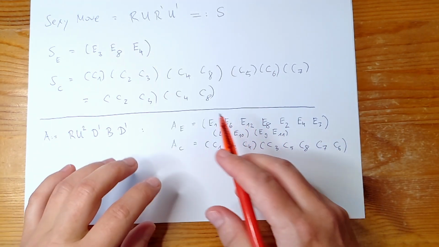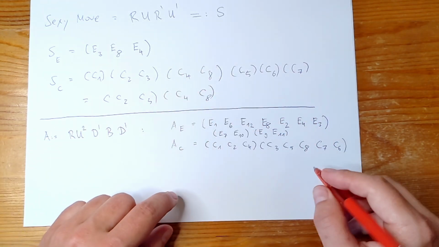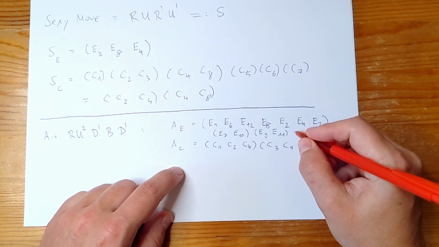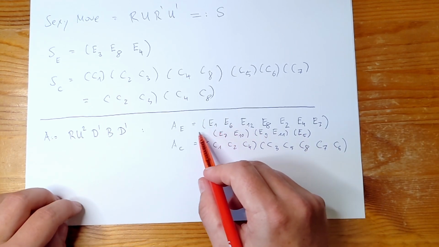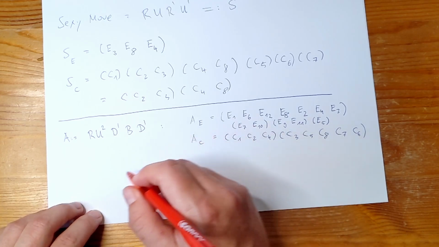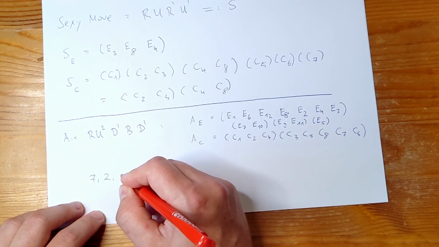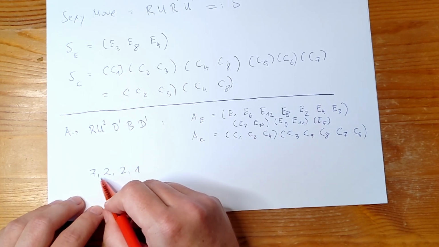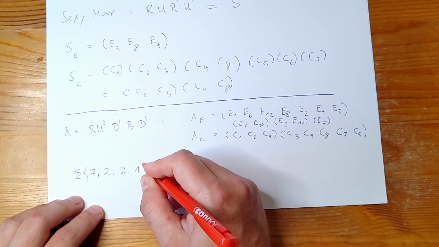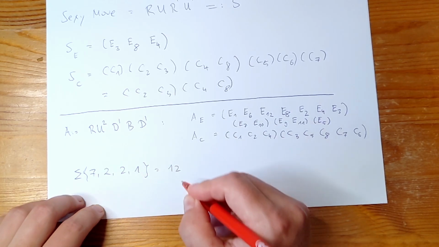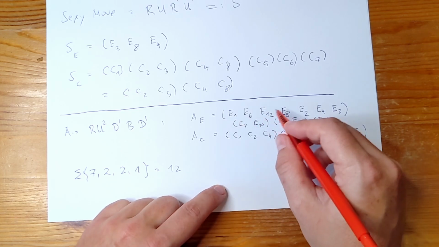And notice something about these cycle decompositions. So if we now also denote the fixed points, so for example here we had E5 as a fixed point, you notice that the lengths, so here with the edges, are 7, 2, 2, 1. When you sum up these numbers, the sum is 12, which is clear because we have to distribute the 12 edges on these cycles here.